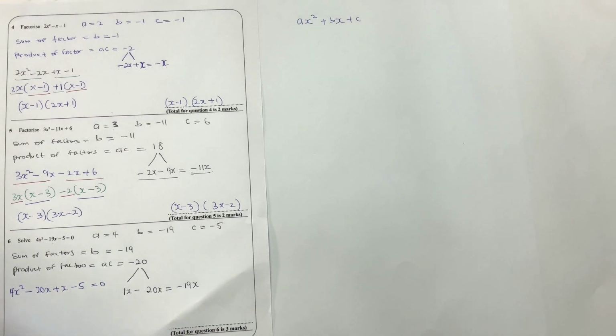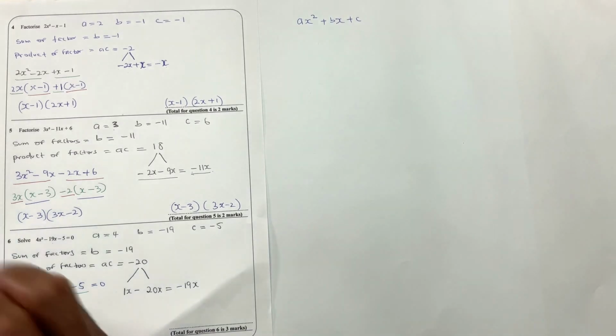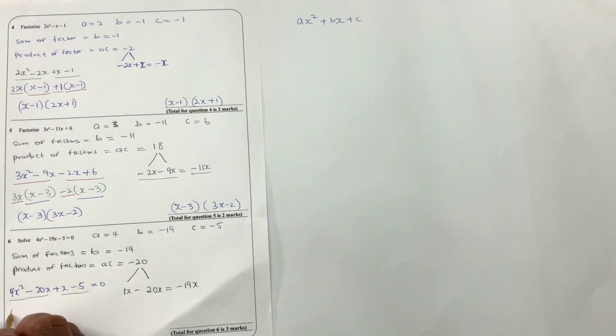So I can see the common factor here is 4x, and there's a common factor here, it's 1. If I take 4x out, I get x minus 5. If I take 1 out, plus 1 times bracket x minus 5 equal to 0.